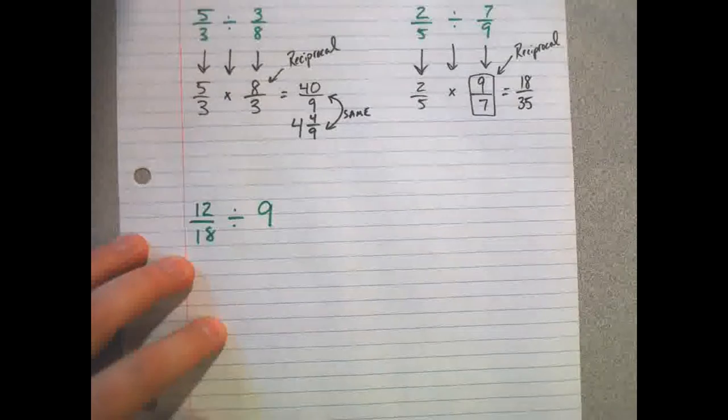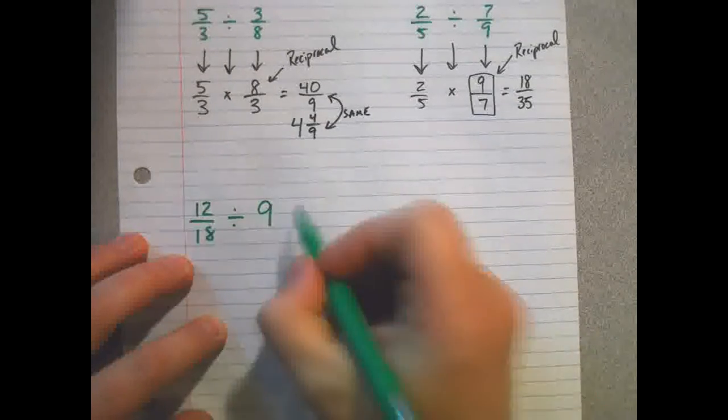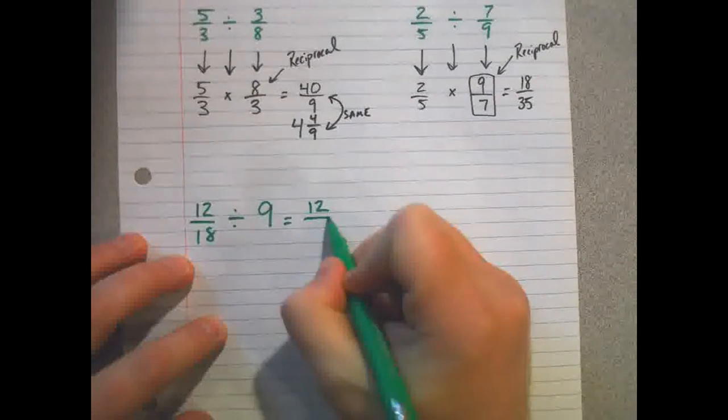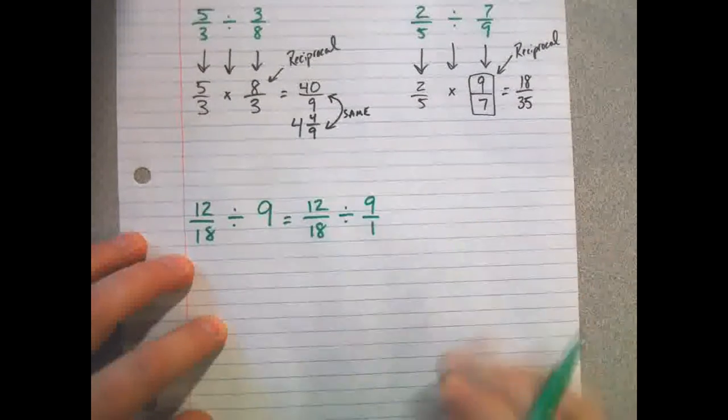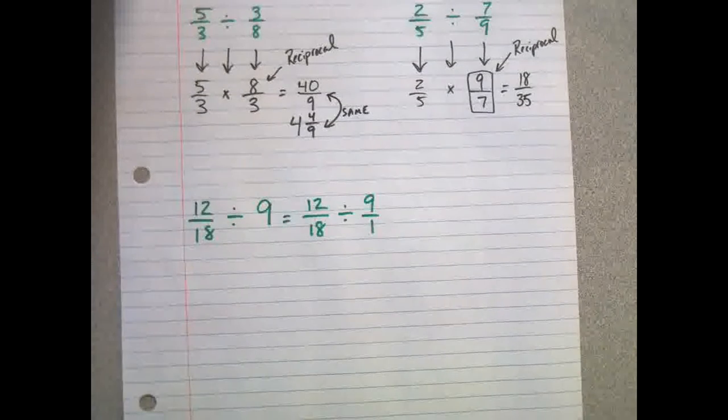Okay, I can convert any whole number into a fraction by just writing it over 1. So I'm going to say this is the same exact thing. 12/18 divided by 9 is 12/18 divided by 9/1. These are the exact same thing.